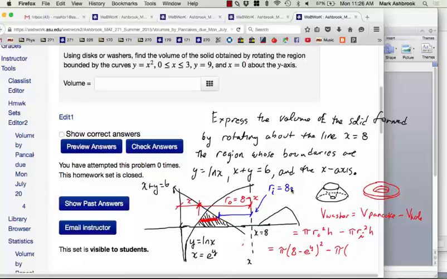So it's 8 minus x, but now for this, what does x equal? 6 minus y. So 8 minus 6 minus y, which turns out to be 2 plus y. Can we simplify that, make it easier on ourselves? I'm going to change that, it's going to be 2 plus y, squared.